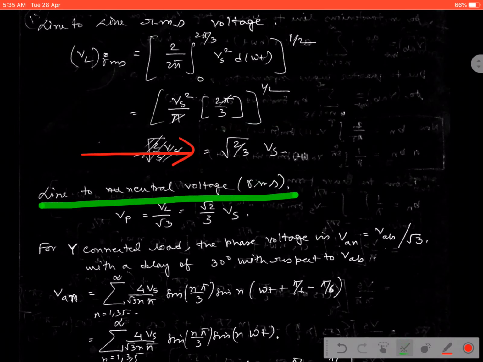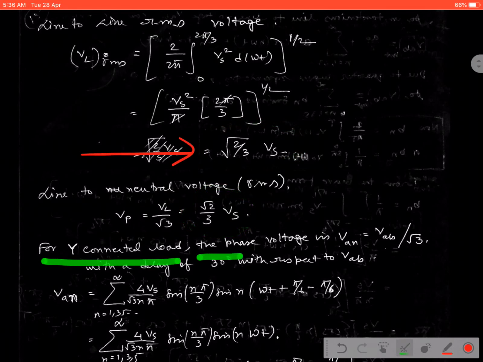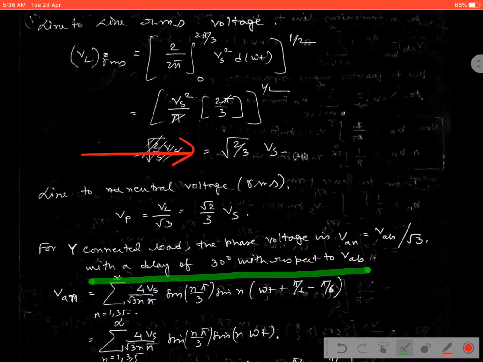So for line to neutral voltage, we are going to calculate the relation between line voltage and phase voltage. So Vp, the phase voltage, should be equal to line voltage by root 3. That means root 3 by 3 Vs. For a star connected load, the phase voltage VAN equals VAB by root 3, with a delay of 30 degrees with respect to VAB.